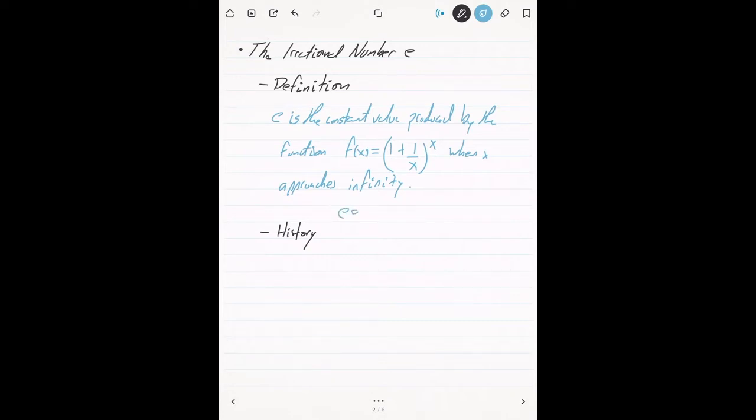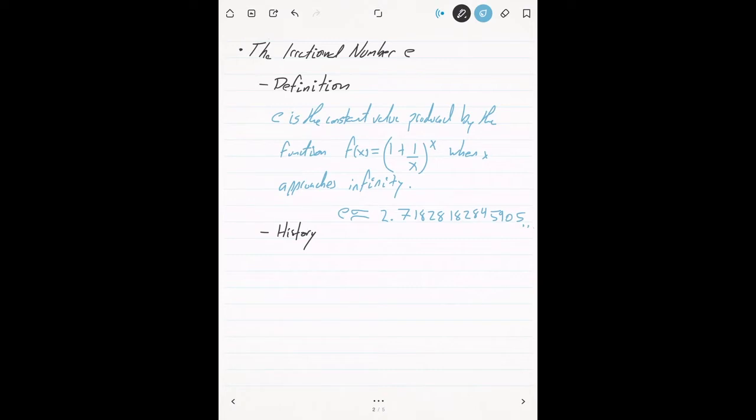E is approximately 2.71828, and I'm going to round off here. And it keeps going on and on and on. Those are just a few of the infinitely many digits that belong to e.